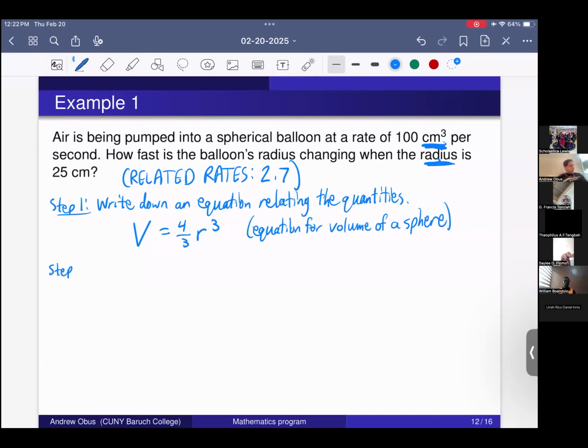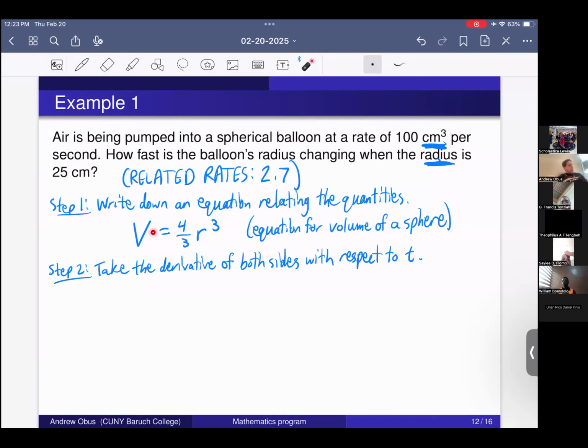So what you do for step 2 of a related rates problem is you take the derivative of both sides with respect to time, with respect to t. So what happens here?